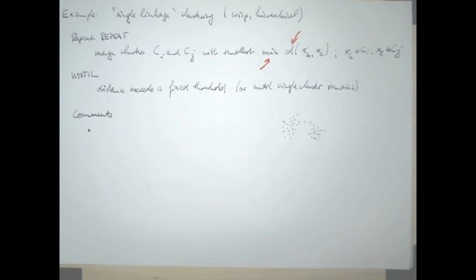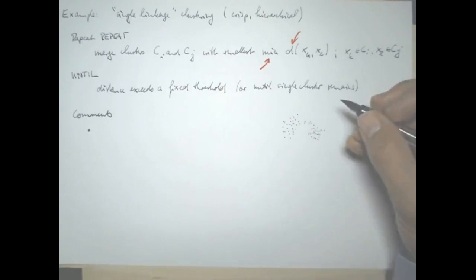So we can build a dendrogram, and if we now cut the dendrogram at a level where we have just two branches left, do you think that we would recover this structure of these two groups of points or not? Why?